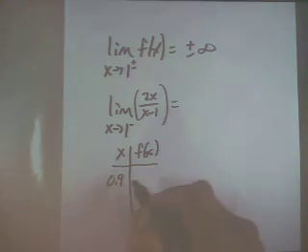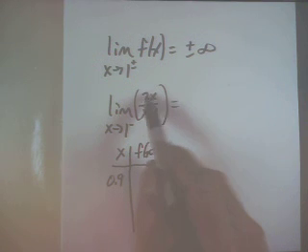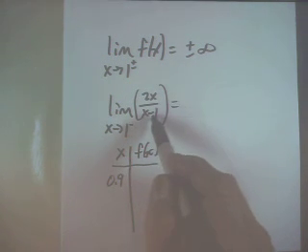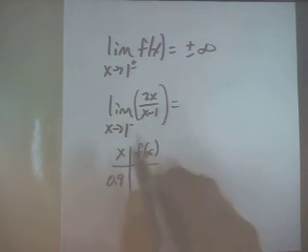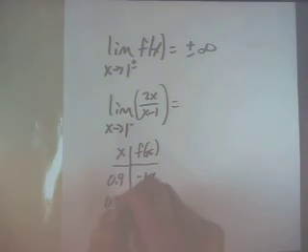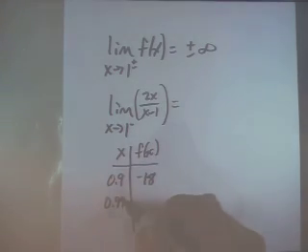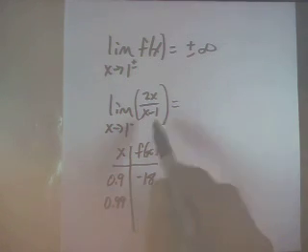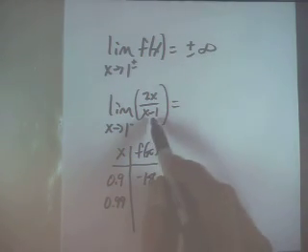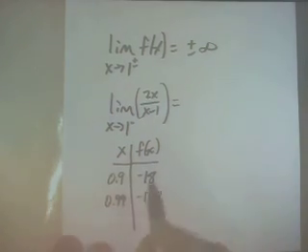If we put in 0.9 into the function, we'll get 1.8 in the numerator, but we'll get a negative 0.1 in the denominator, which will give us a negative 18. If we put in 0.99, which is much closer to 1 from the left, 2 times 0.99 would be 1.98, but we'd be dividing it by a negative 0.01, so we'd get a negative 198.